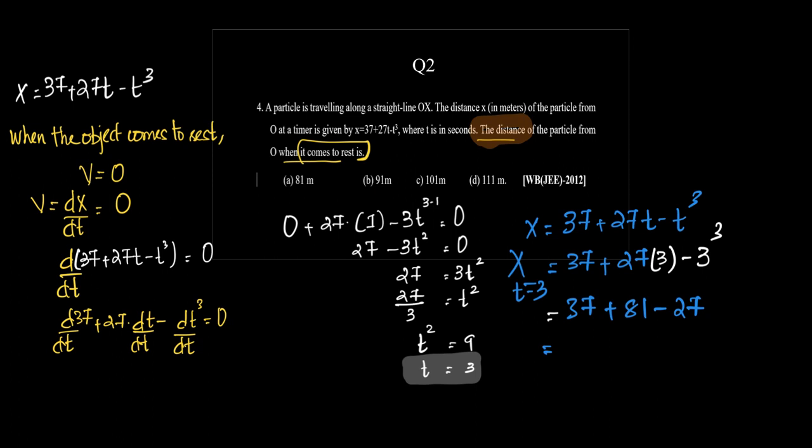So what is 37 minus 27? It is 10. So 10 plus 81 is 91. Therefore, x at t is equal to 3 is 91, which gives us the answer to be option B.